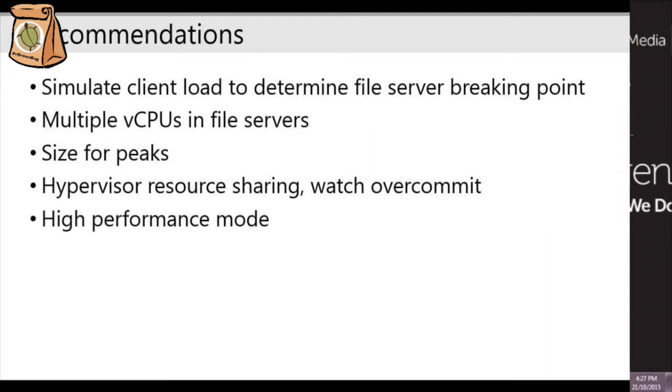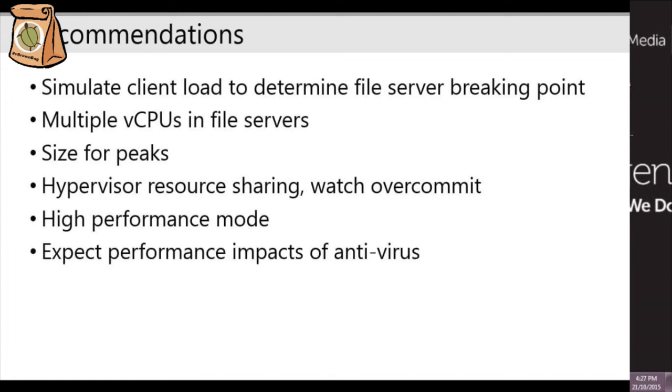Set the hypervisor in high performance mode to help with the user experience, especially around those 4 and 8K blocks, and that will certainly improve the performance on those file servers. And that will help with things like logins or launching documents or an application that might be on that file server perhaps. Expect the performance impact of antivirus. Maybe shop around, test various antivirus vendors and see which one has the least amount of impact in your environment.